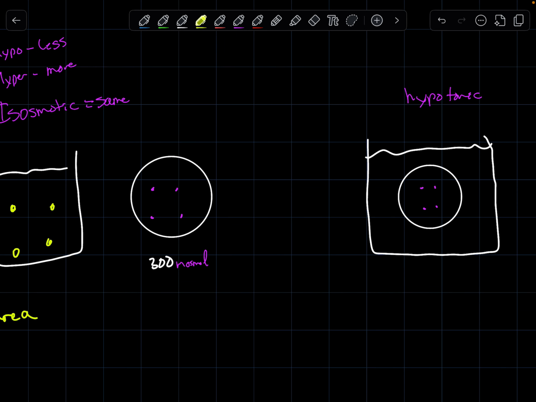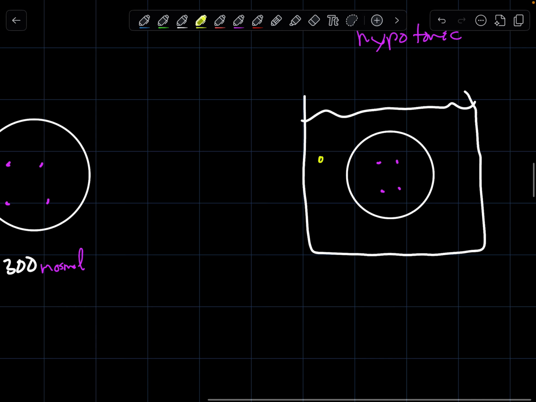Now, if we look at what happens to the cell when we place it into the solution of urea, you have 4 particles of urea. In order to equal out, so that's the same amount of urea on the inside and the outside, 2 of the urea will go inside.